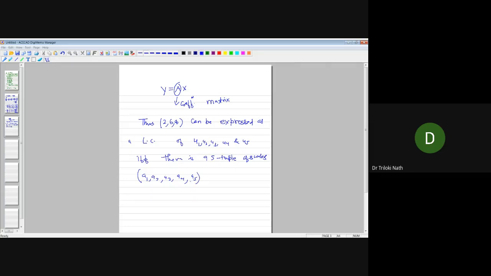These 5-tuples, actually this vector, belongs to R5 if these are real numbers, right?